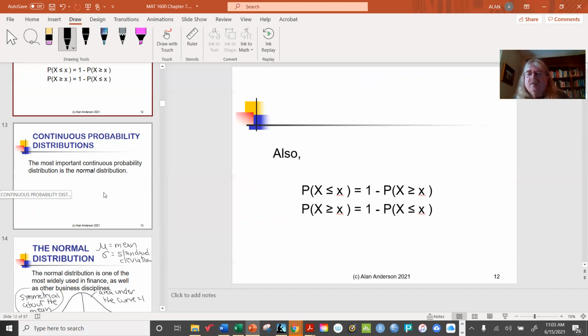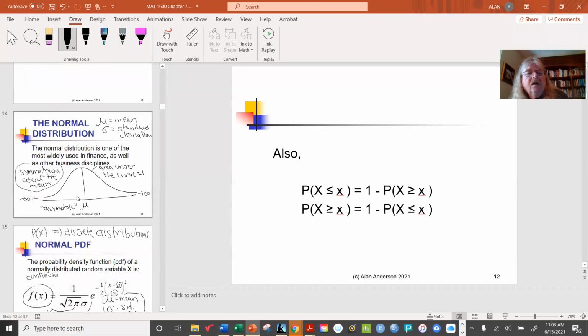And again, it's because it's convenient mathematically, but also because a lot of things in the real world do seem to follow the normal distribution, like heights, as I mentioned before. So anytime we have a continuous distribution, we're not going to show it with a histogram any longer. We're going to illustrate it with a curve.